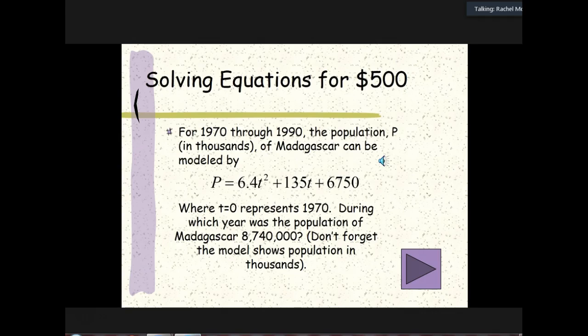So again, if you do completing the square, you'd have to subtract the 6,750 over and divide by 6.4. If you do a quadratic formula, you have to take 6,750 and subtract 8,740,000 and then plug in to quadratic formula.